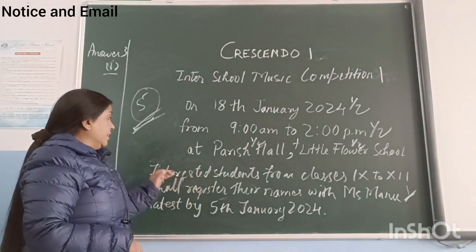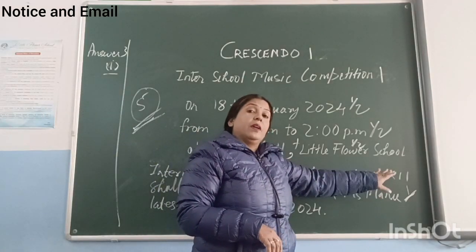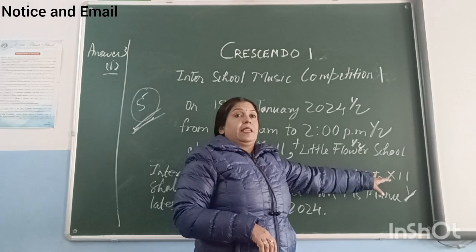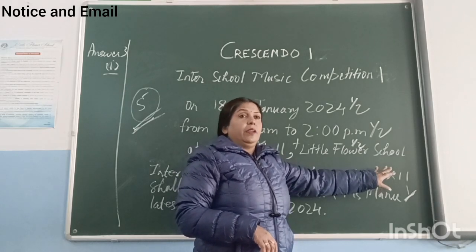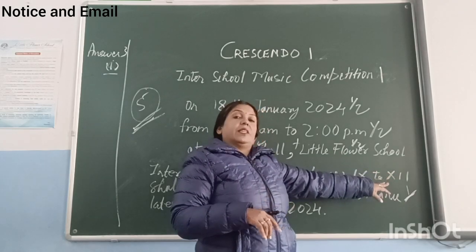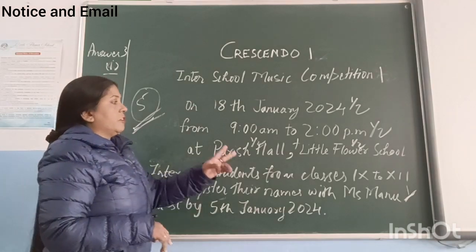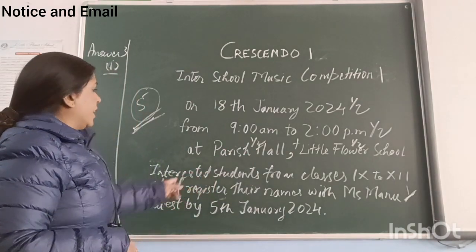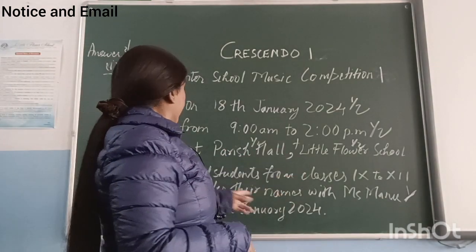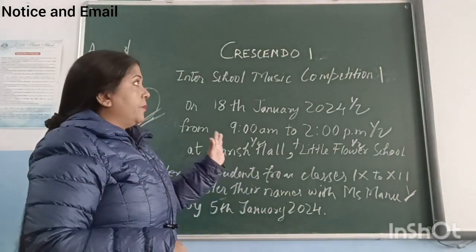If the interested students are mentioned in the topic, please take that target group. Do not create it yourself. If it is not mentioned, then you will create the target group here. So: interested students from classes 9 to 12 shall register their names with Miss Manu latest by 5th January 2024.